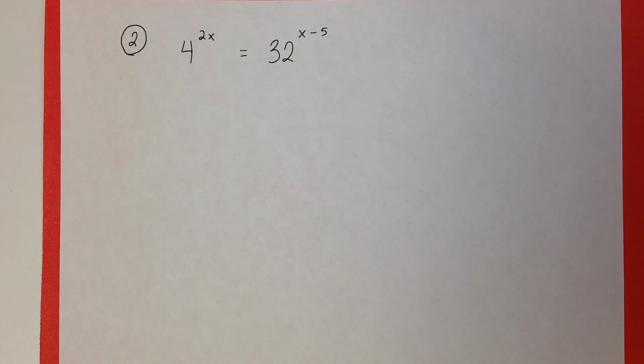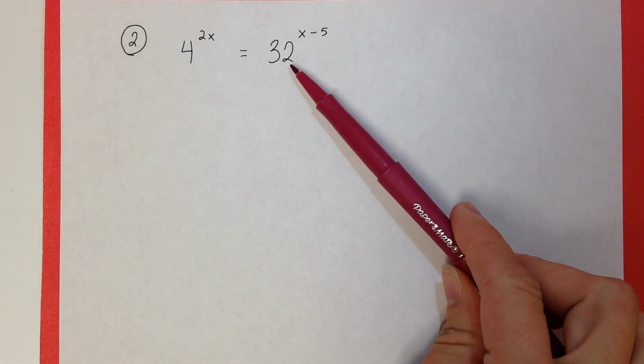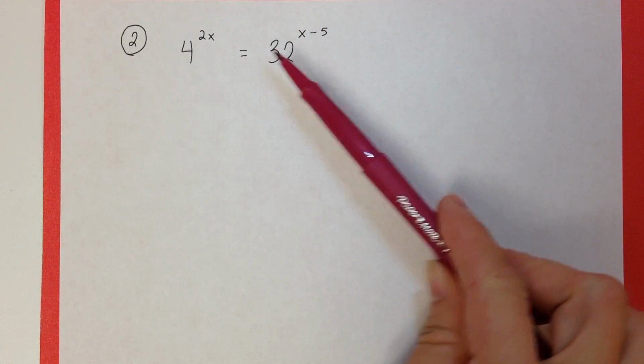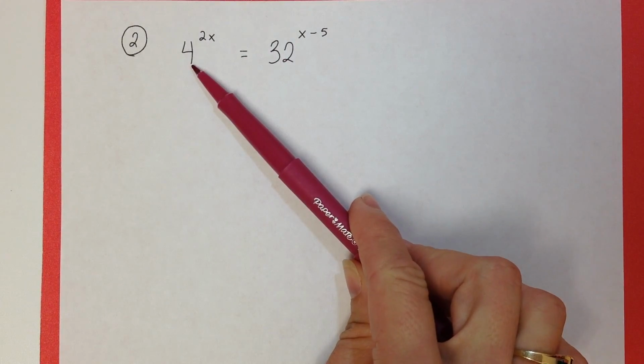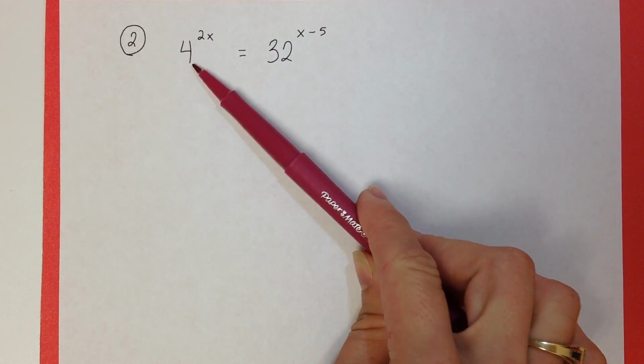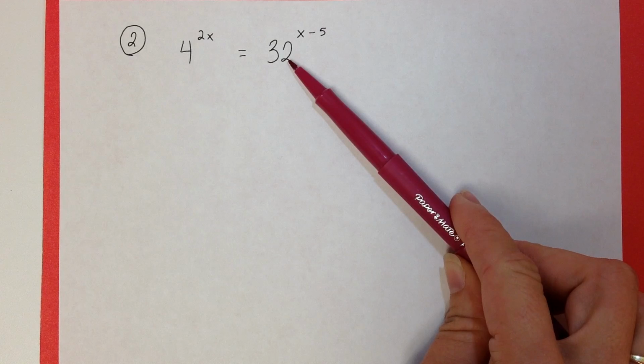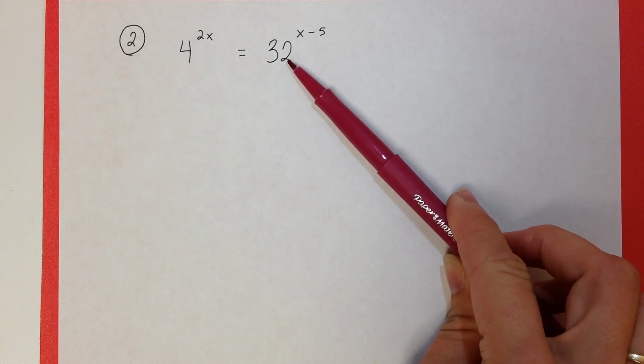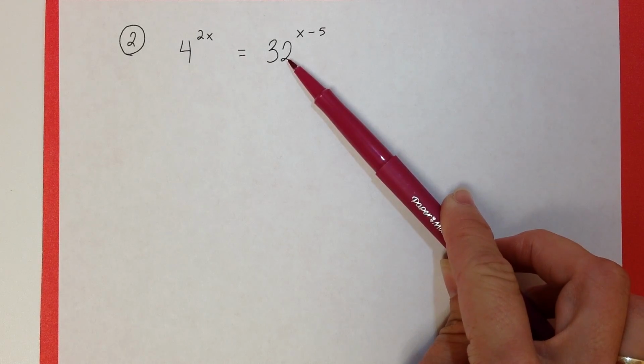On this one, again, we need our bases to be the same. As I mentioned, go to your larger base and see if you can rewrite it using the smaller base. But in this case, my smaller base being a 4, can I rewrite 32 as 4 to a power? No, you can't raise 4 to a power and get 32.